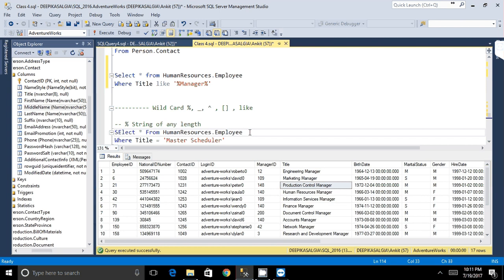Okay, so now let's do this. This is a tricky question. Can you give me all the persons' birth dates who were born in 1964? What would you do? Give me all the employees whose birth date is in 1964, let's say.